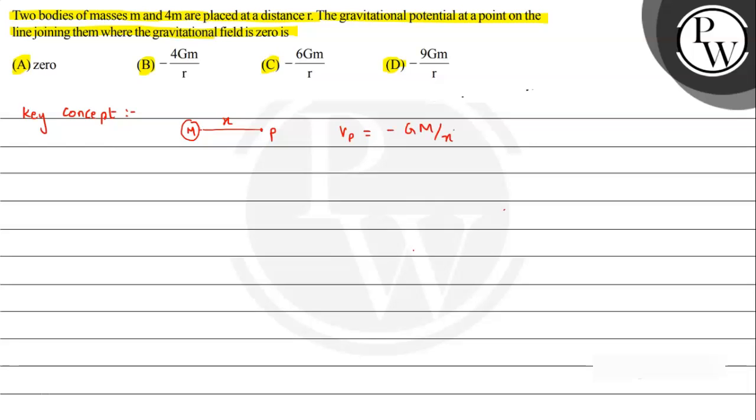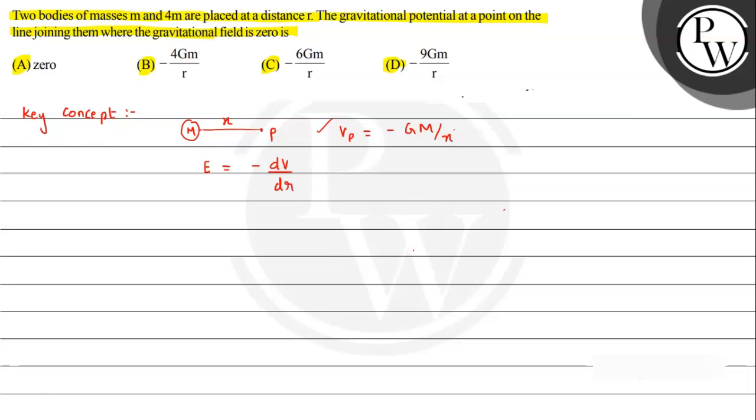Potential difference is defined, and we take one reference point where we assume the potential to be 0, and we get the absolute value of potential, that is V equals Gm by r. Here r is the distance, so here x is the distance, so we have written Gm by x. Now, talking about the gravitational field, it is given by the expression minus dV upon dr.